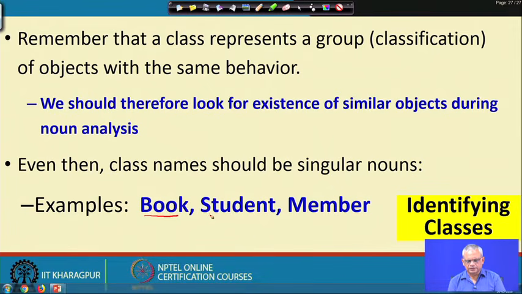Similarly, there may be tens of thousands of students, but the name of the class is student, and the name of the member class is member. So, the class name is normally singular, even though we create many instances from the classes.